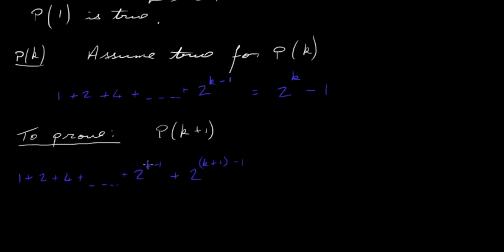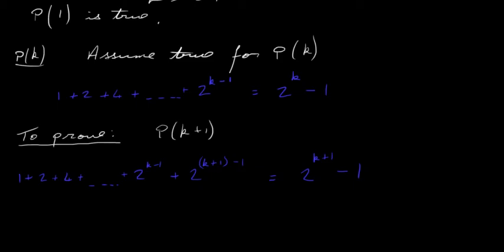So instead of the k here, I've got to put in a k plus 1. And then this minus 1 is this minus 1 here. And then on the right hand side I do the same. I've got 2 to the power of, instead of the k, now I've got a k plus 1, and I've got that minus 1 there. So we want to prove that this here is true. If it's true for k, it will be true for this. That's what we want to prove.